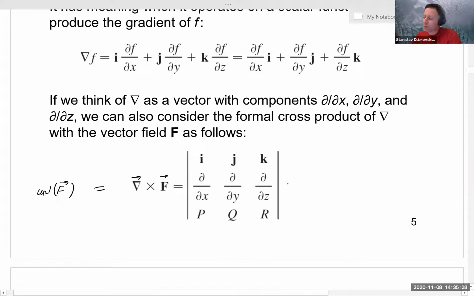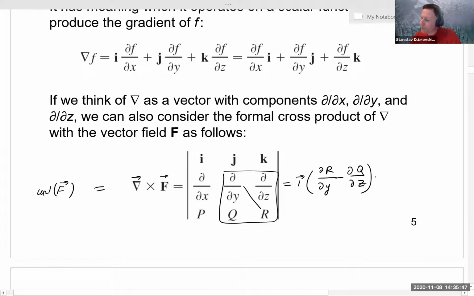So then what happens if we take the determinant? The first component will involve this determinant. So we'll have dR/dy minus dQ/dz. For the second, we will have minus j and then determinant of dx, dz, P and R. And finally, we will have k times the determinant of partial x, partial y, P, Q.